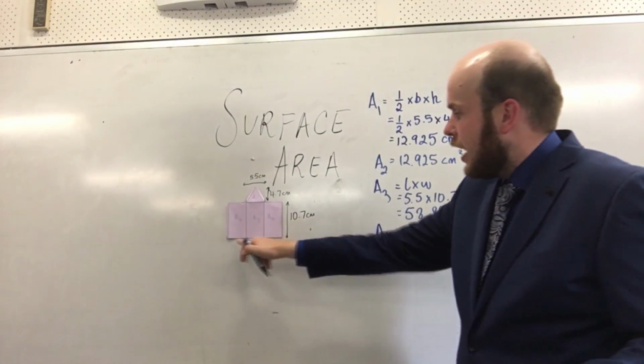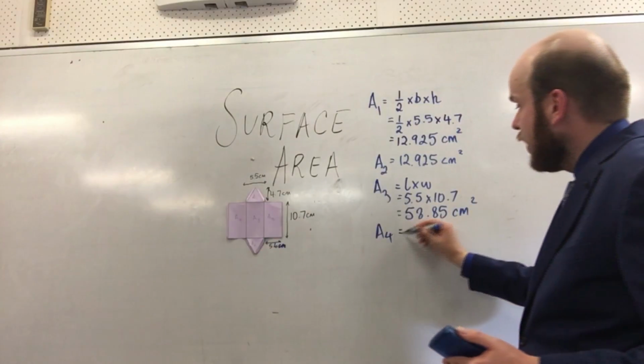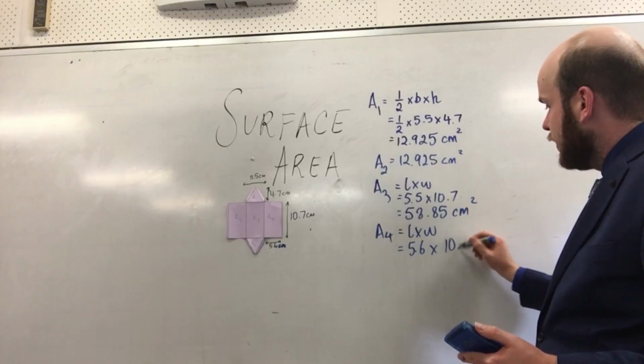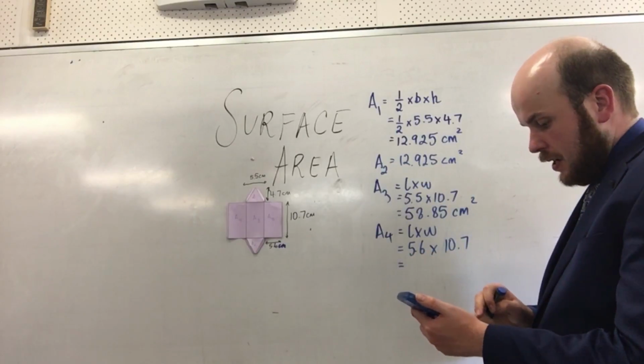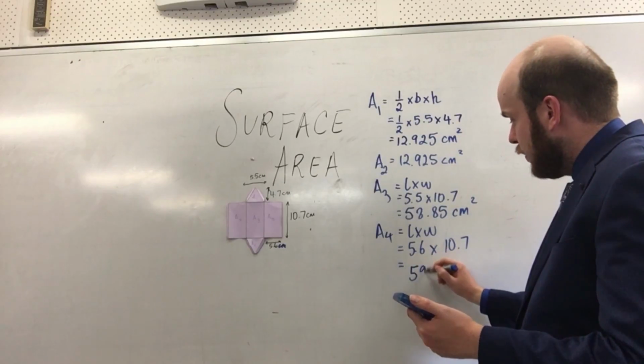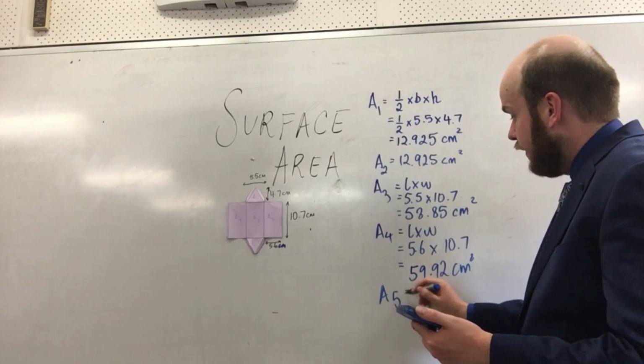A4 and A5, which are the same here because they need to close over the top, are slightly wider. So 5.6 times 10.7 is 59.92, and that is the same as area 5.